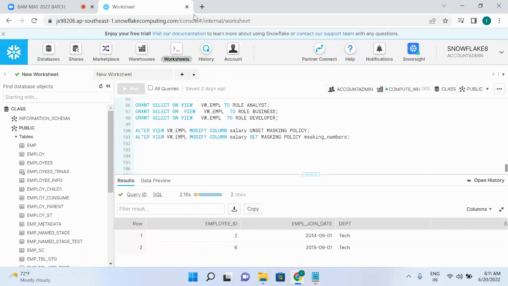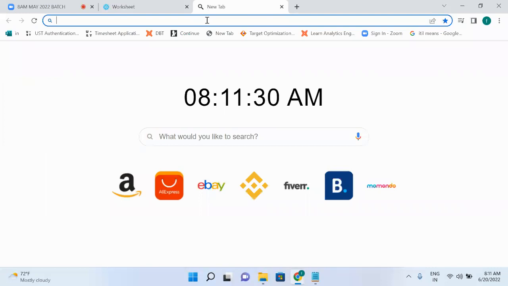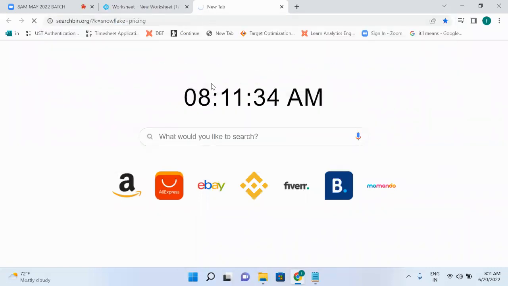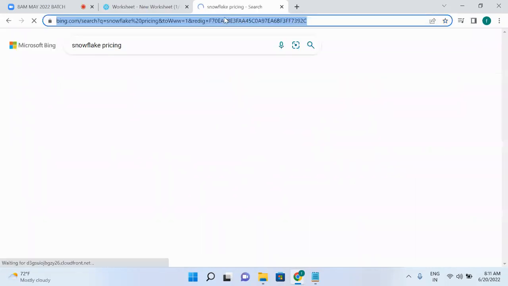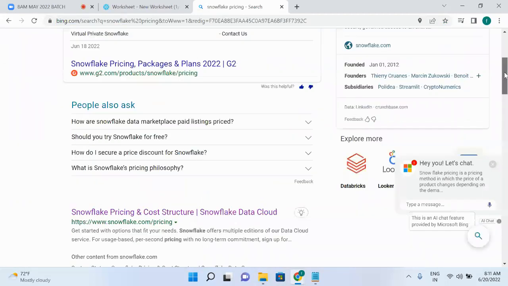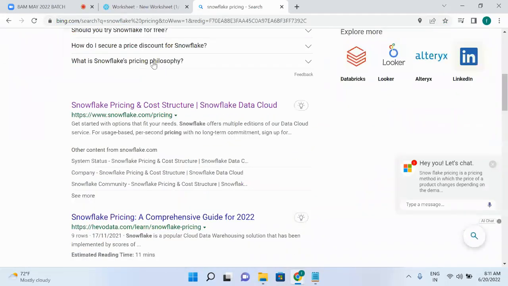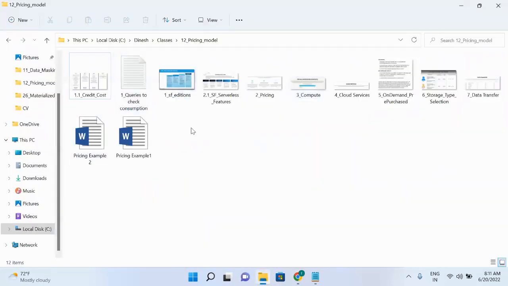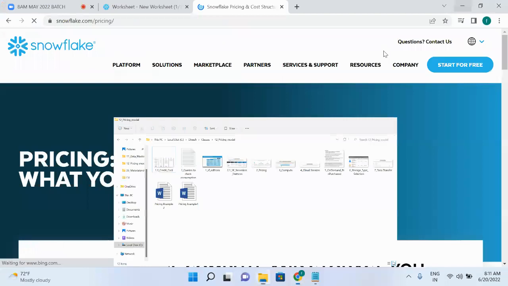Now let's search for Snowflake pricing. We have the same thing here, whatever we are going to discuss, related to pricing.